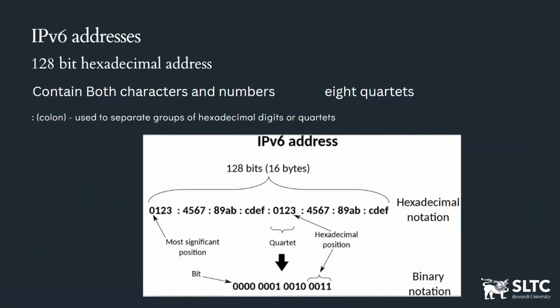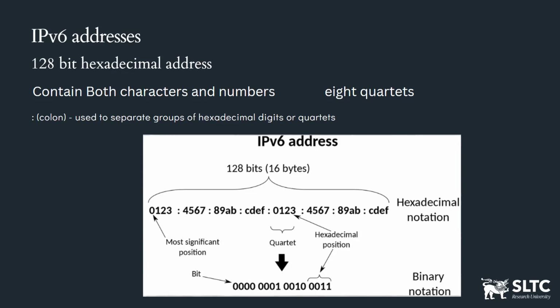Once we talk about IPv6 addresses, the IPv6 address type is a 128-bit hexadecimal address, which contains both characters and numbers. There are 8 quartets, each made of 4 digits, separated by colons, and each quartet can contain either a decimal number or a character.